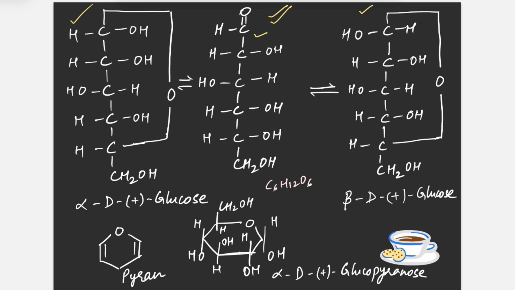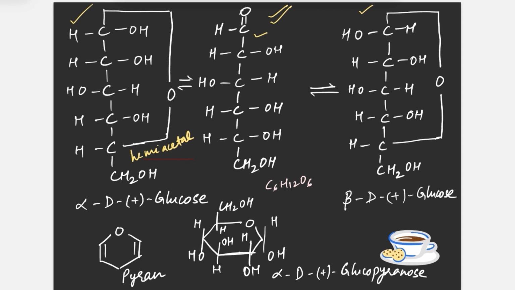Okay. So it was proposed that one of the OH groups adds to the CHO group to form a cyclic structure of glucose. This cyclic structure of glucose is also known as hemiacetal. So glucose forms a 6-membered ring, out of which 5 are carbon atoms and the 6th one is an oxygen atom.